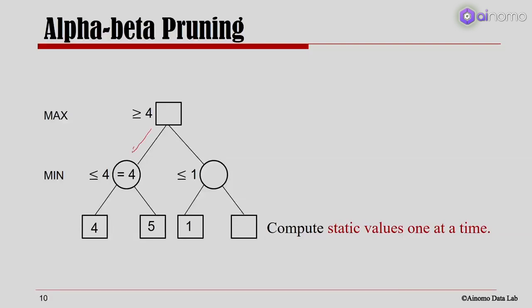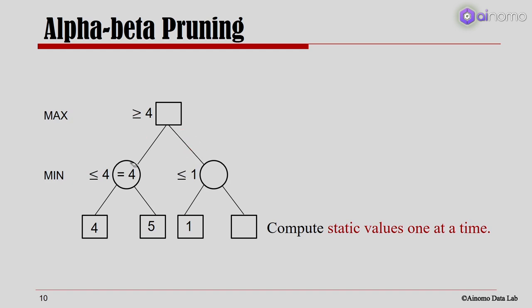This is where a little introspection will make us realize that on this left side, if Max wanted to go, he would have at least 4, or something greater than 4 is his current value. Whereas if he prefers to come to the right, all he is guaranteed is something less than or equal to 1, and therefore he would never prefer to come this way.